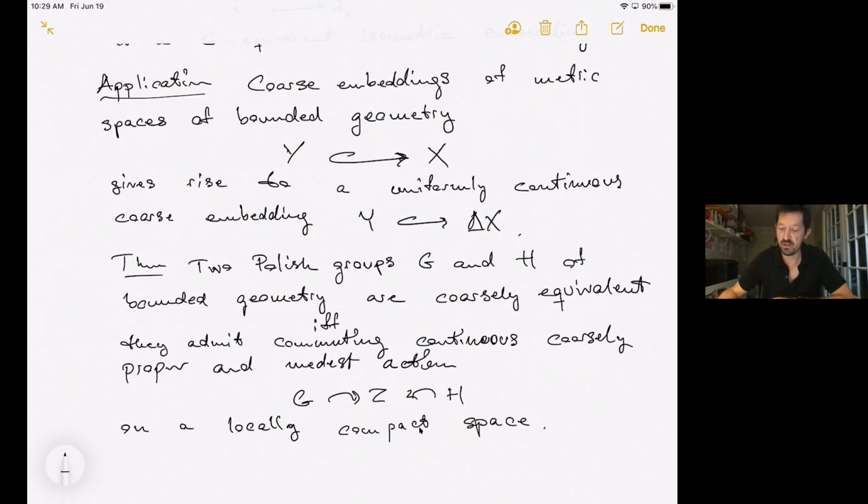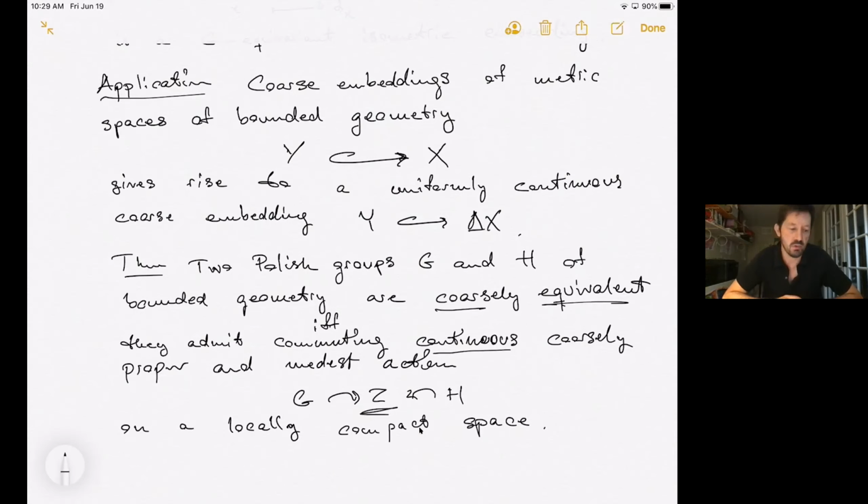So in this theorem, you have this coarse equivalence between groups, which is just a map from G to H preserving the large scale geometry of G, but this will in general be very discontinuous. And now you're replacing that coarse equivalence by something where you have continuous actions on the same locally compact space.